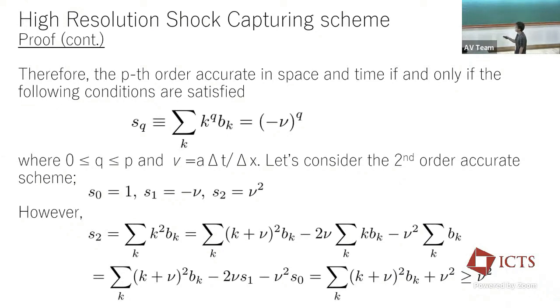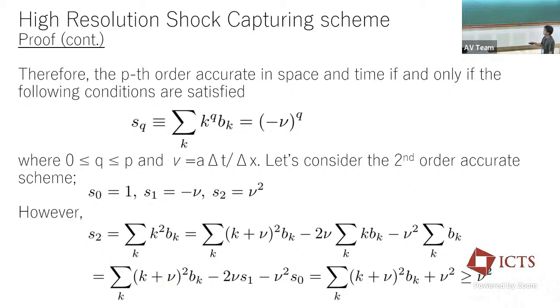Okay, let's consider the second order accurate scheme. Second order accurate means p should be 2 and k ranges from 0 to 2, right? So S0 is going to be 1, unity, S1 is going to be minus nu, and S2 is going to be nu square.